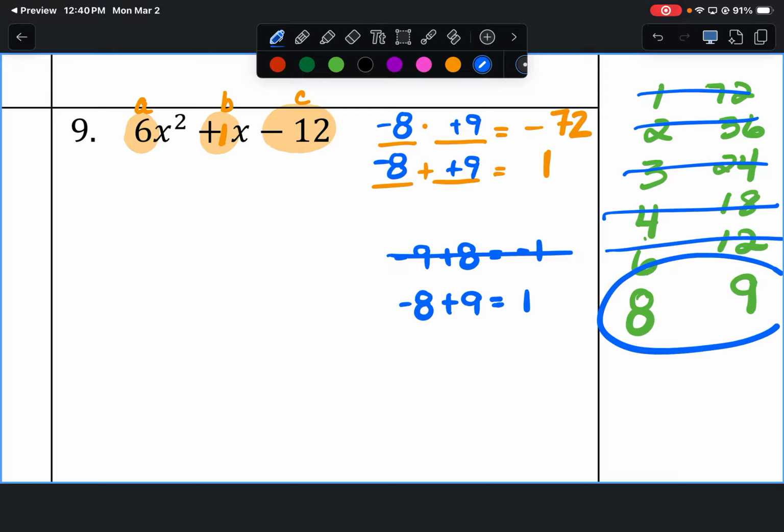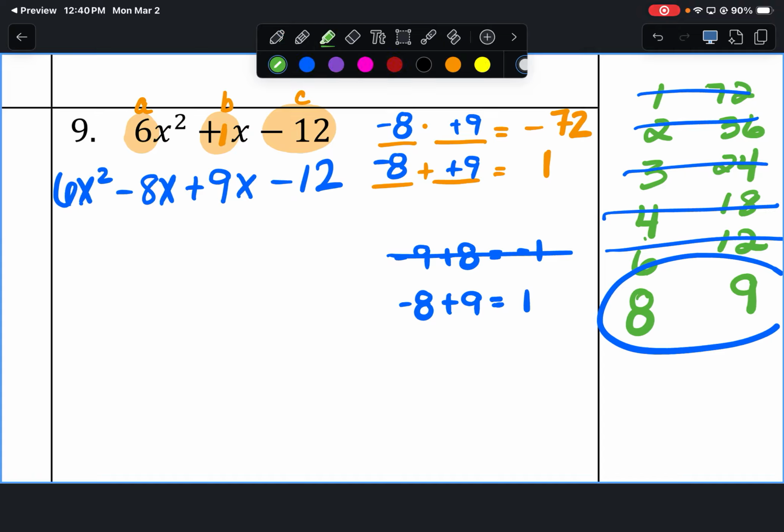And how would I write the next line? 6x squared minus 8x plus 9x minus 12. There we go. Then we're going to group.